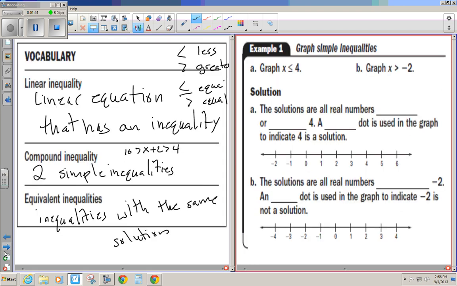Let's graph some of this stuff. This reads x is less than or equal to 4. So the solutions are all real numbers less than or equal to 4.